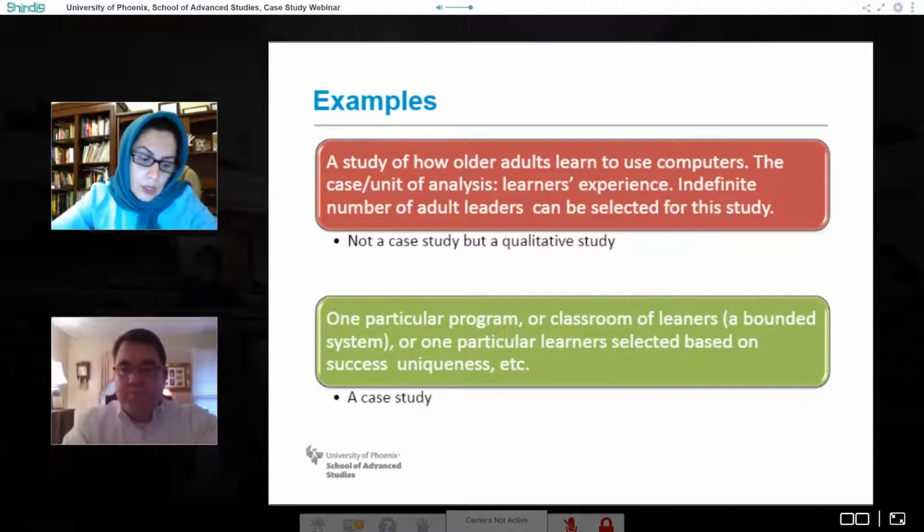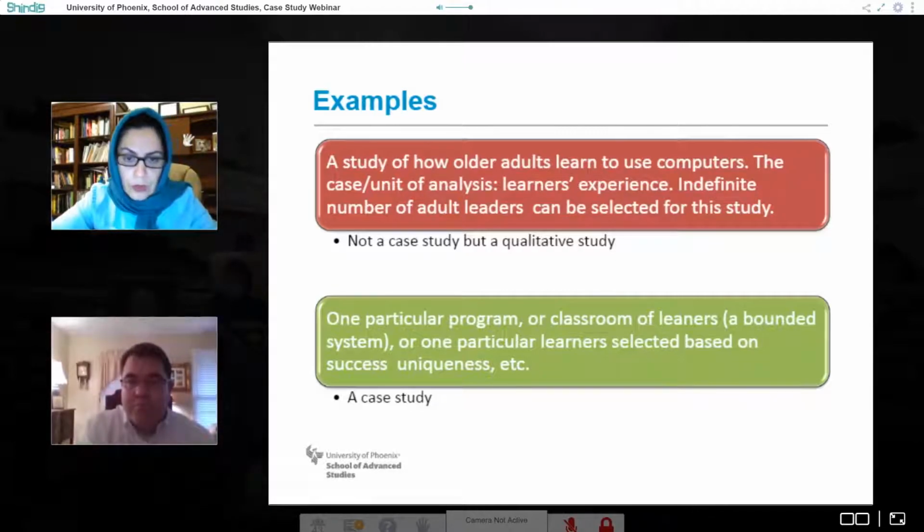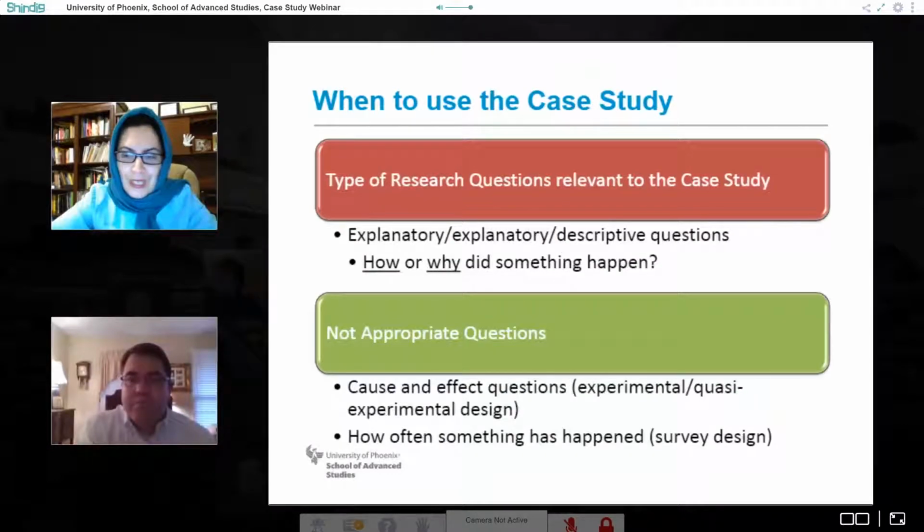So there should always be a specific, particular program or system or classroom in order to qualify as a case study. Is it clear, David, or others? I can further explain if it's not. I think you are muted, David. I cannot hear you. Sorry, it's clear.